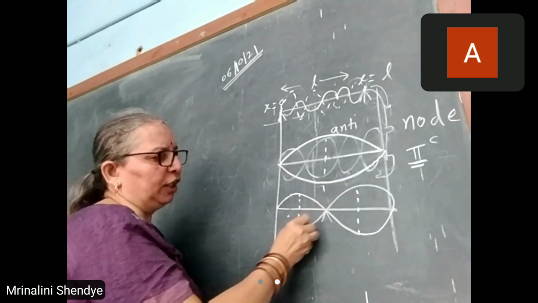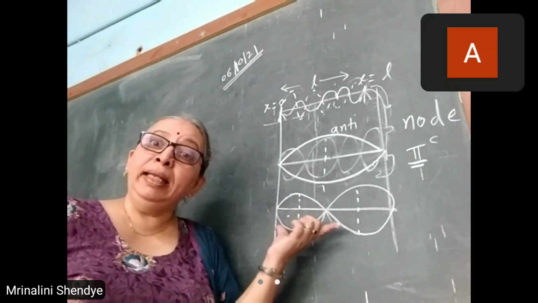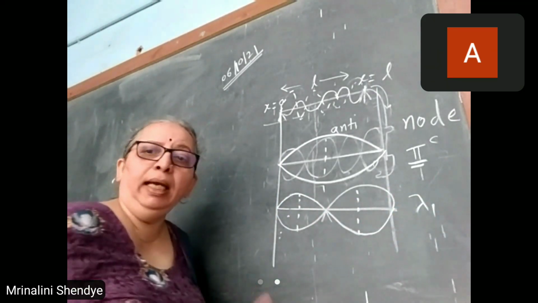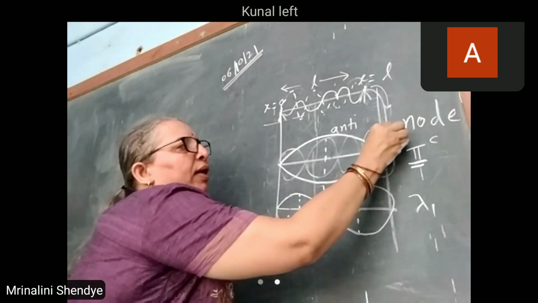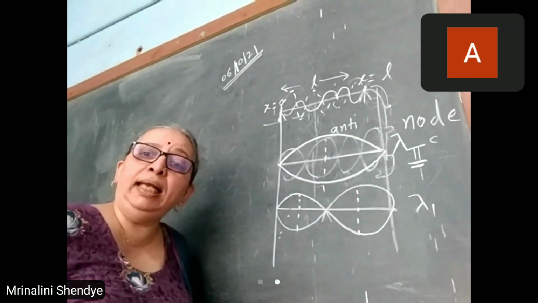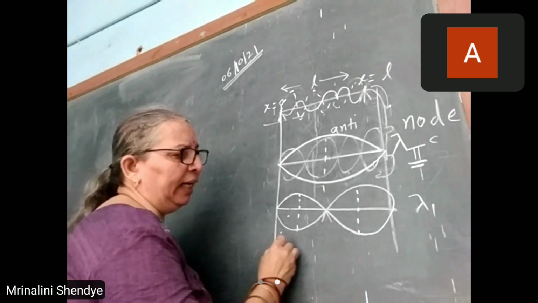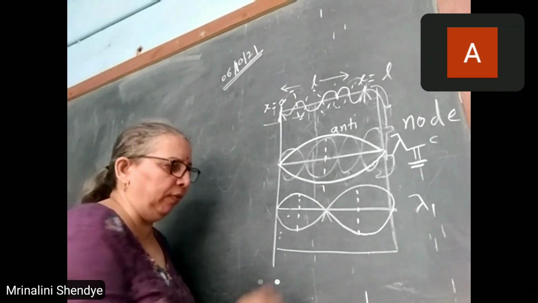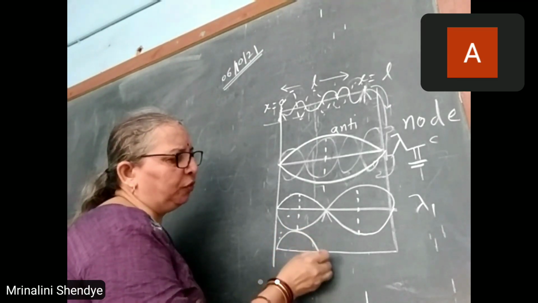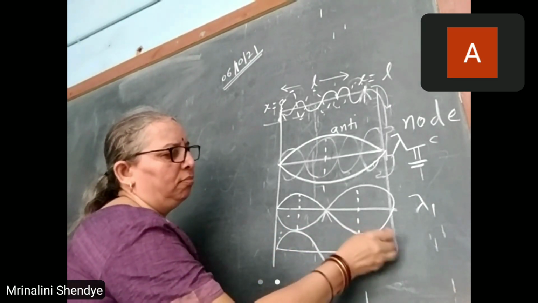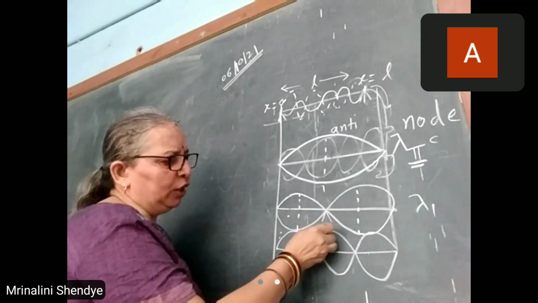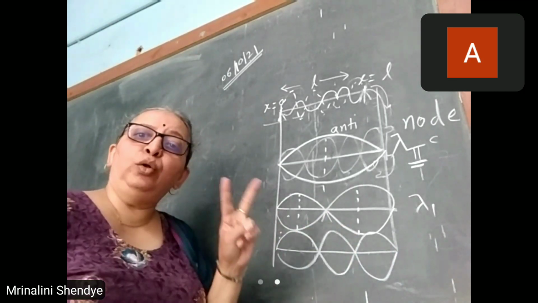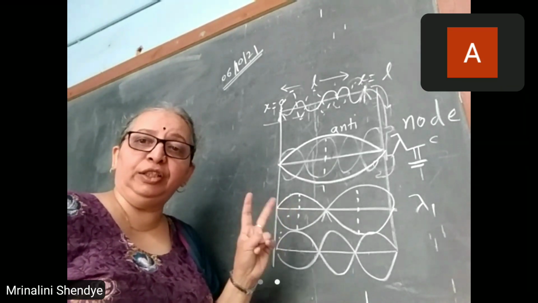So the stationary waves formed in the second mode will have wavelength lambda. In the first mode, they will have wavelength only lambda. You can set this string to vibrate in such a way that 3 loops will get formed, only if they satisfy the condition of 2 nodes at the 2 fixed rigid supports.